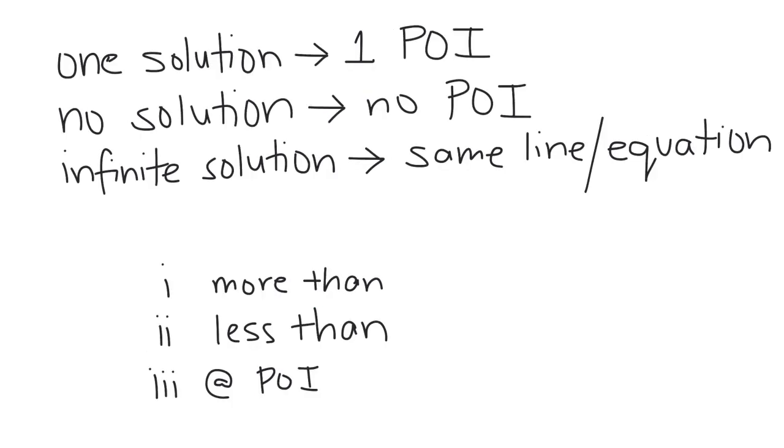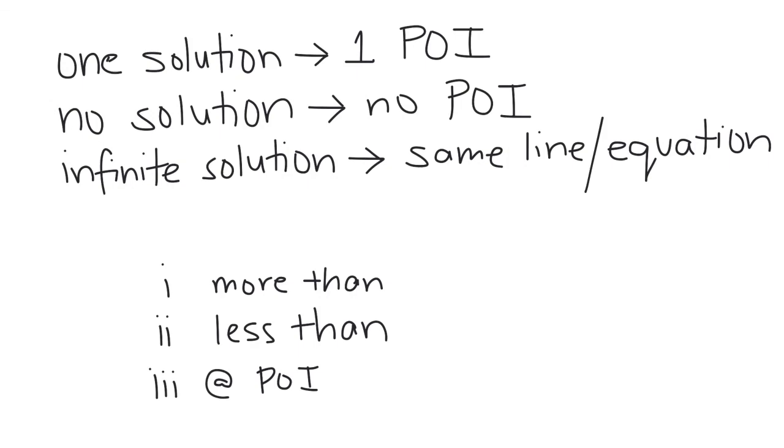So to quickly summarize, when we are looking at a linear system, which is two linear equations plotted on the same Cartesian plane, you are looking to see if you will have a point of intersection. Now, for a linear system, remember there are 3 different scenarios that you could see. The first would be a system with one solution, which means that the 2 lines intersect at one particular point of intersection.